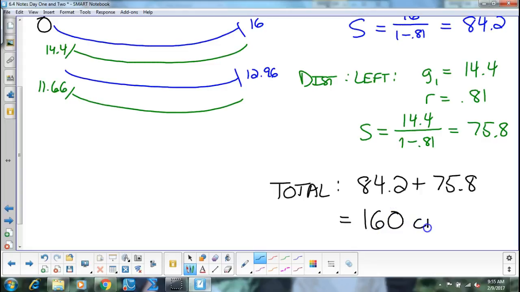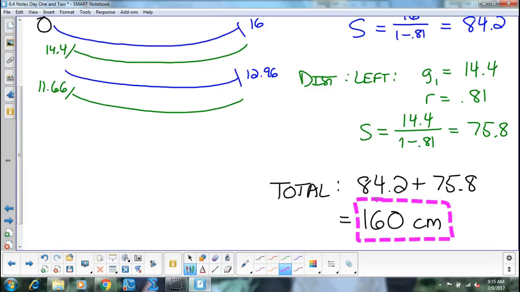160 centimeters. Now, that's one way of doing it. What's another way of doing this problem? You could have done 16 divided by 1 minus 0.9. Yep, because it's 0.9.